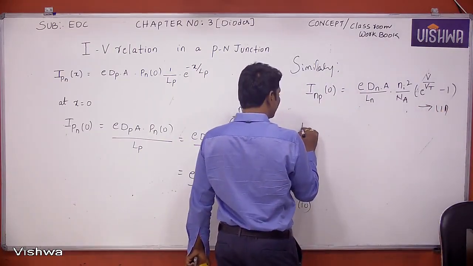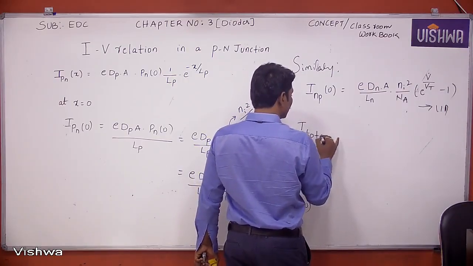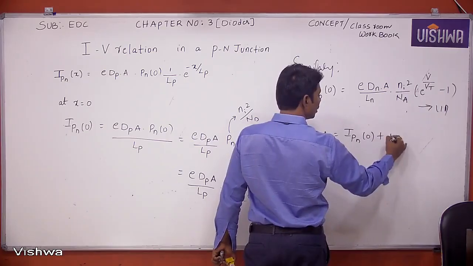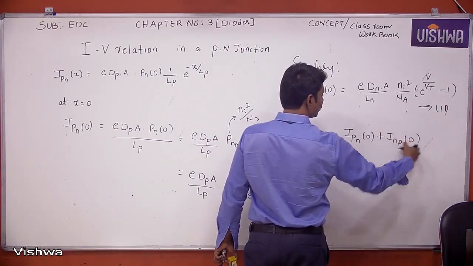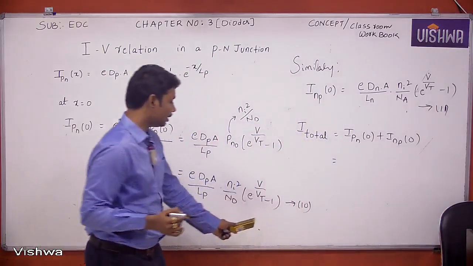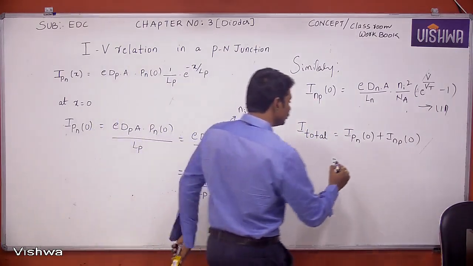Okay. Now tell me, what is our total current actually? The total current is nothing but IPn of 0 plus INp of 0. Then substitute these two equations, equation 10 and equation 11. Now what is this expression?